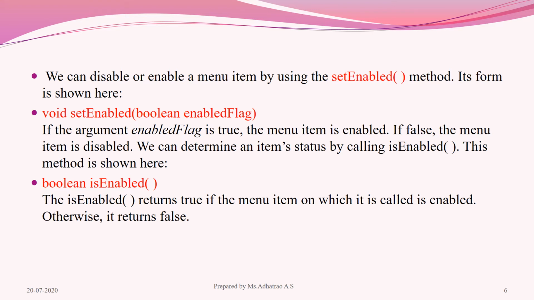We can determine an item's status by calling isEnabled. This method is shown here: boolean isEnabled(). The isEnabled method returns true if the menu item on which it is called is enabled. Otherwise, it returns false. So, these are the basic two methods if you want to use on your menu items.